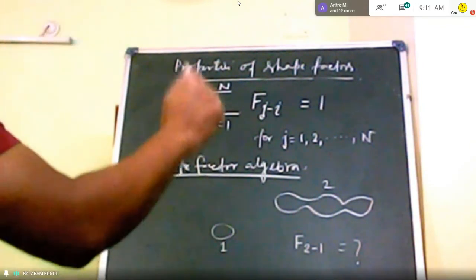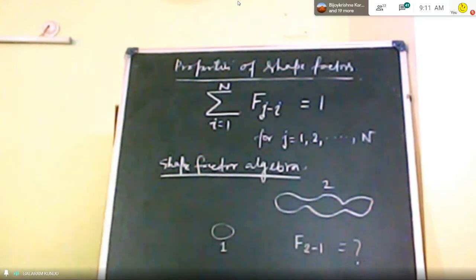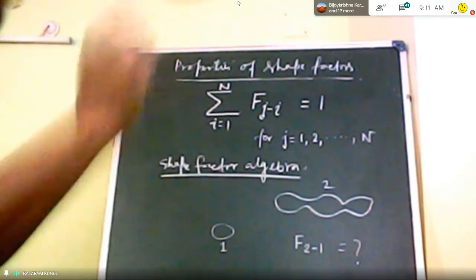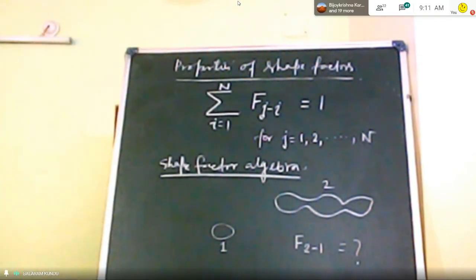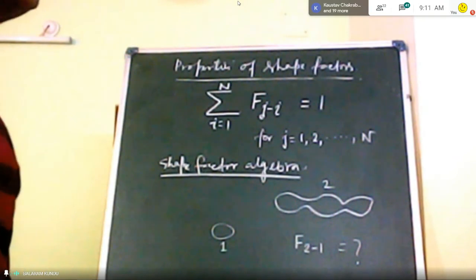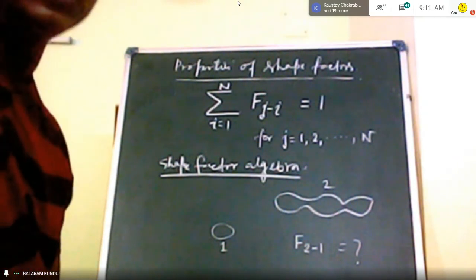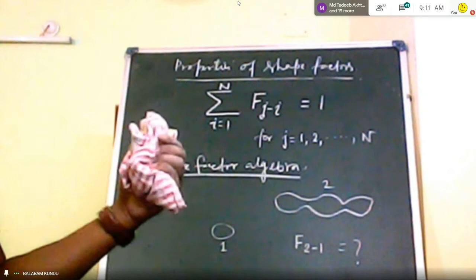We have already derived the mathematical expression of shape factor, so an integration symbol is there. So it will be difficult to integrate to get the shape factor between surface 2 and surface 1, or surface 1 and surface 2.